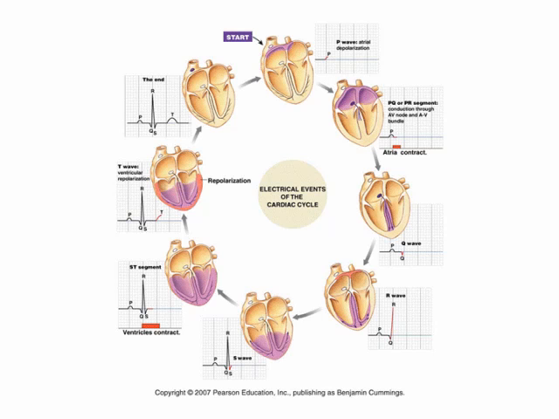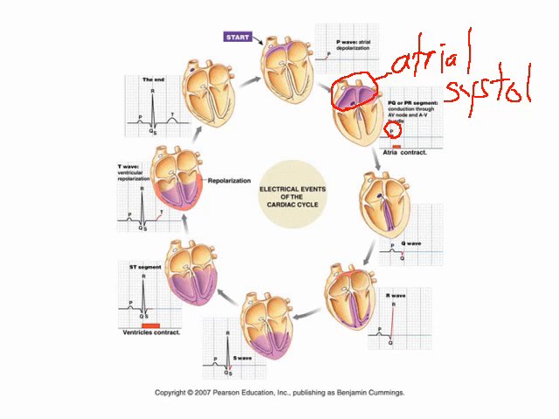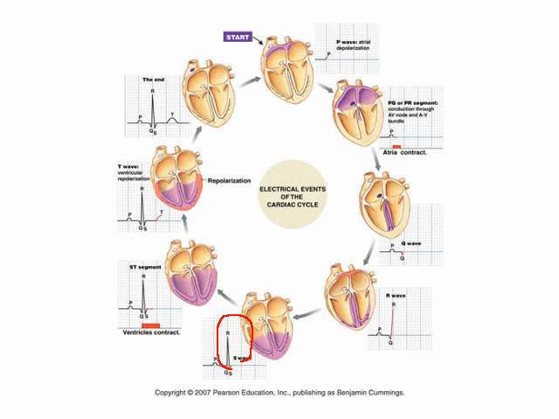So the P wave represents atrial systole. It precedes it, but it represents it. The QRS complex represents ventricular systole.